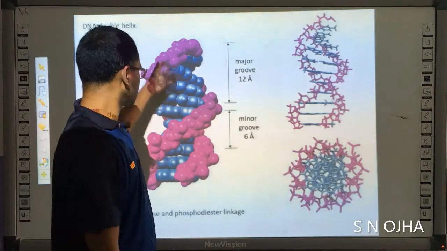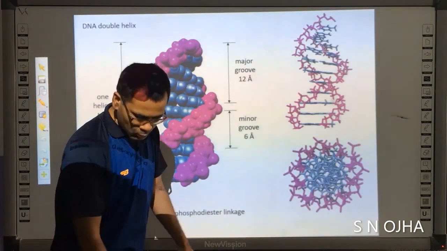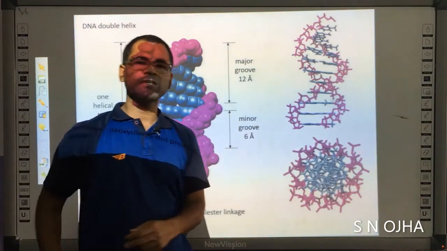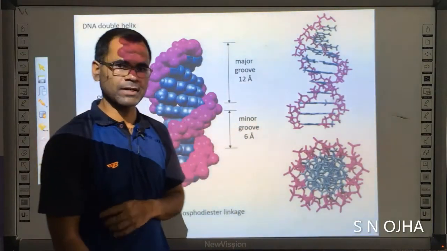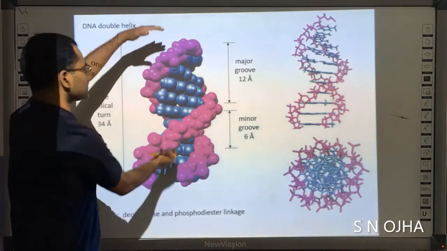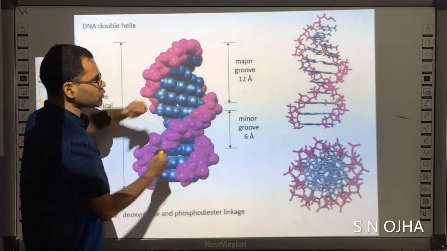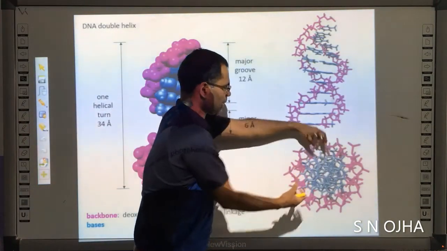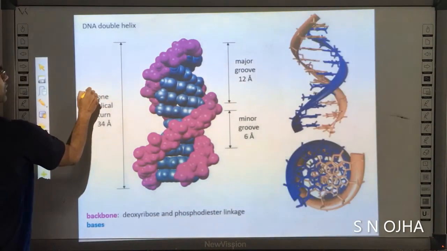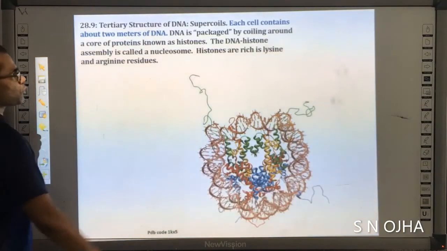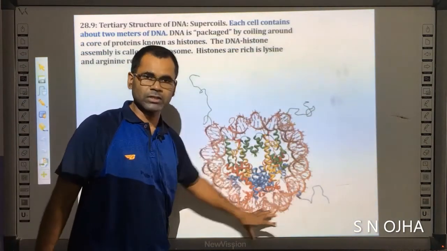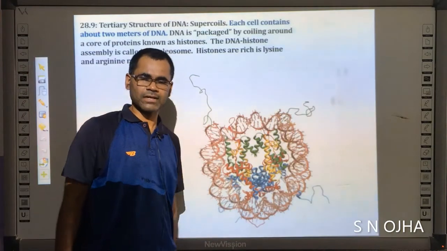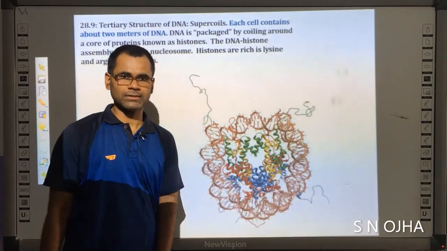I have just shown the 3D structure of DNA, how it is formed and what the rules are. We will discuss it again in our next lecture. In 3D you can see here, this is the major groove, this is the minor groove. It appears somewhat like that. And this is the quaternary structure of DNA, that is deoxyribonucleic acid.